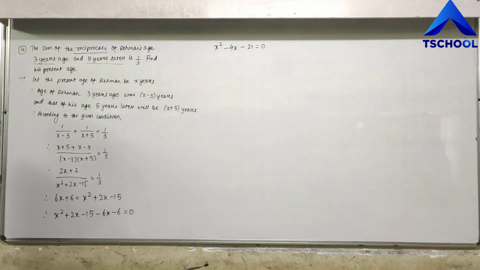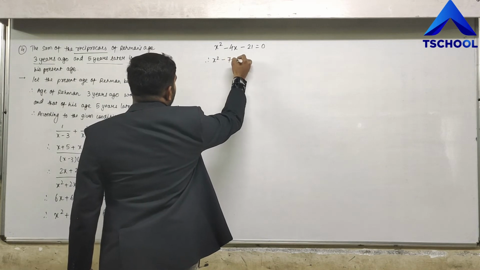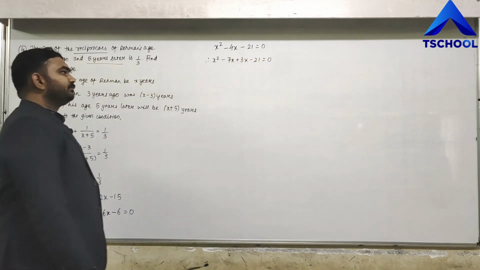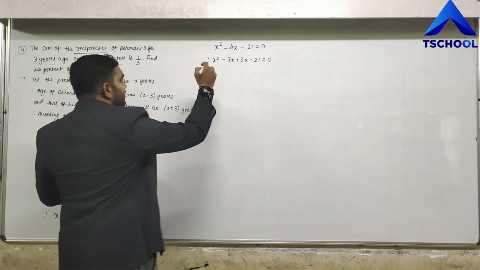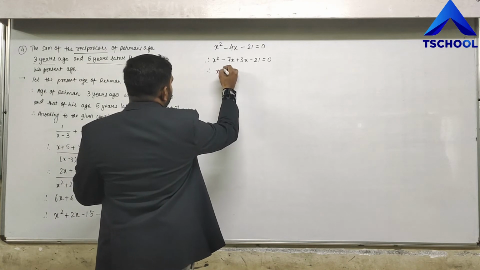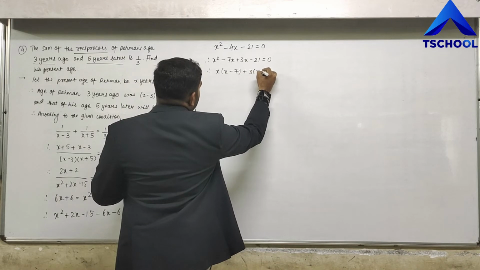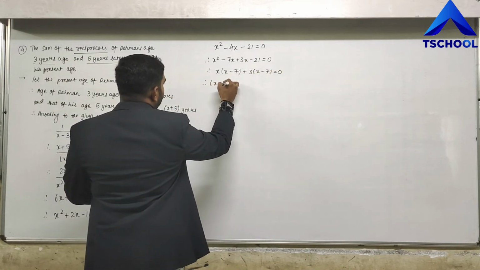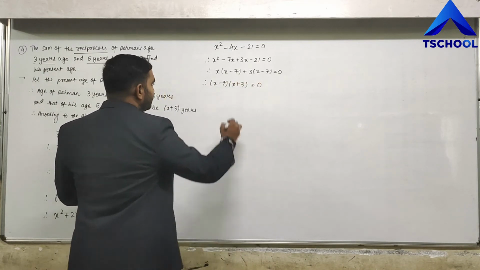So, we got a quadratic equation here which needs to be factorized now. Hence, x square minus 7x plus 3x minus 21 equal to 0. That gives me the factors x into x minus 7 plus 3 into x minus 7 equal to 0. Hence, x minus 7 or x plus 3 is equal to 0.